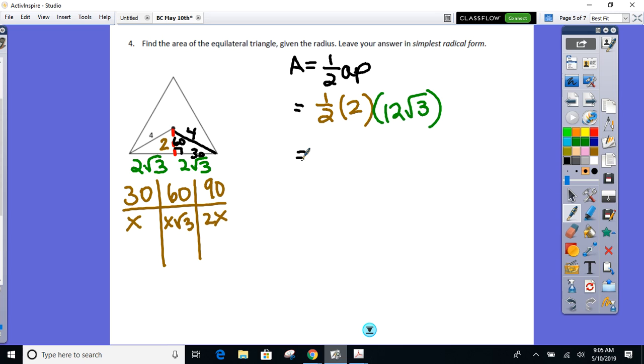All right, moving back. Simplest radical form. Radical 3 should be in our answer. 1/2 times 2 times 12. 12. 12 radical 3 should be in the area.